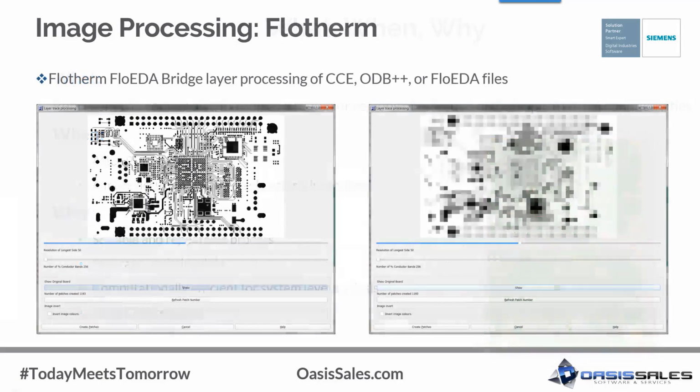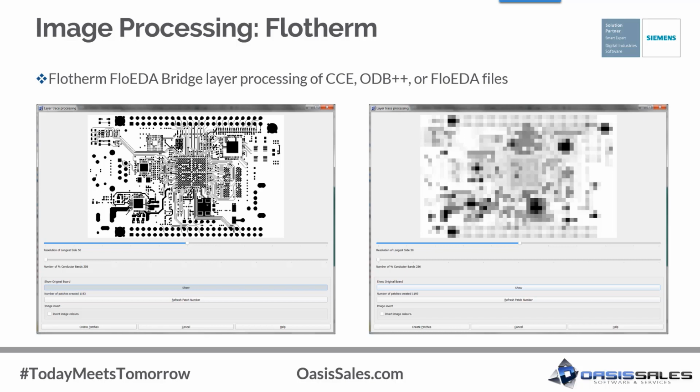The first approach is through Flotherm's FlowEDA bridge. When CCE, ODB++, or FlowEDA files are imported, the layer images are imported and can be processed in the dialog shown. The CCE file is an Expedition file.